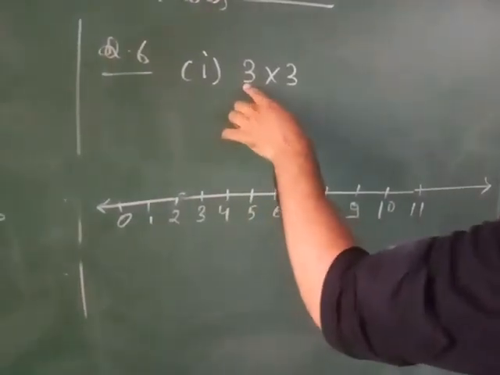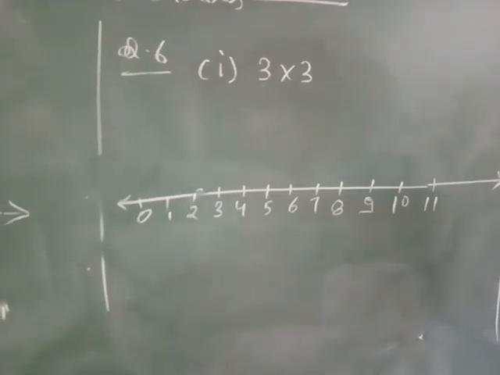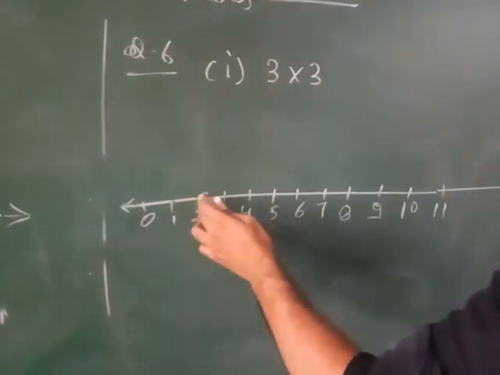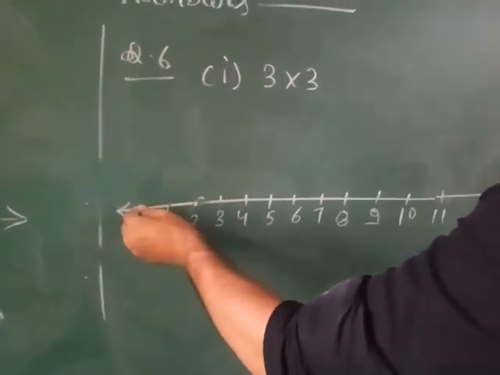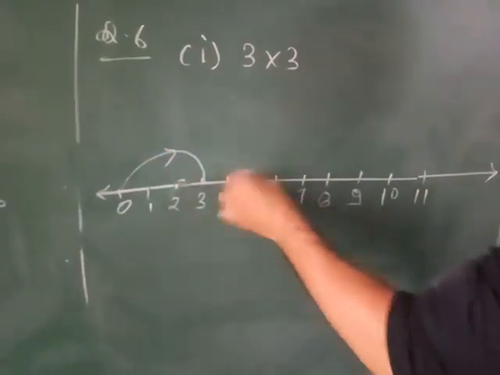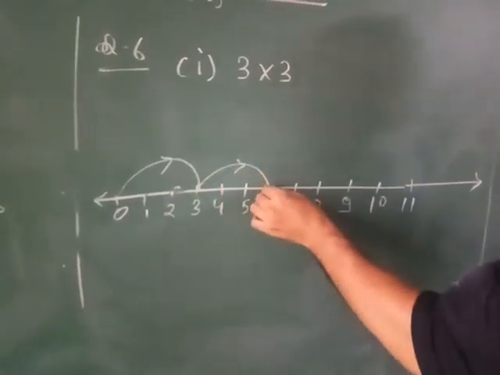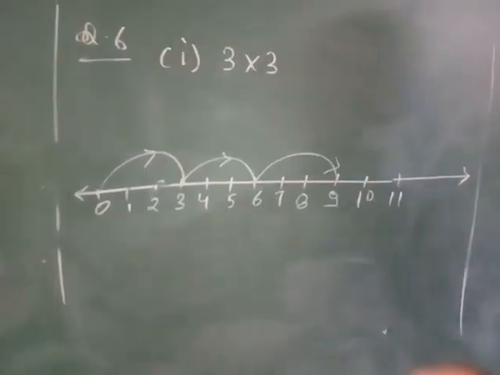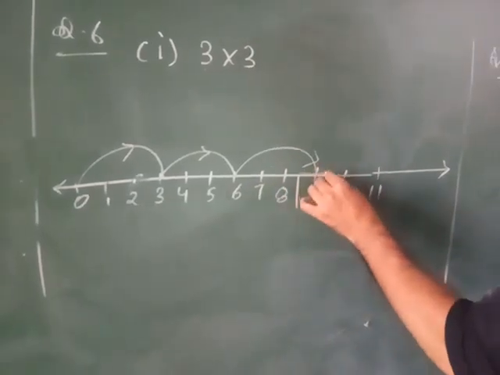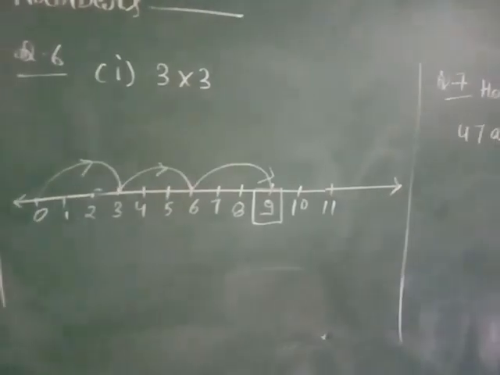So 3 multiplied by 3, we have to move 3 steps in one jump. 1, 2, 3. 3 steps in one jump. In the second jump also 3 steps, 1, 2, 3. In the third jump also 3 steps, 1, 2, 3. So we have got the answer, that is 9. 3 multiplied by 3 is 9.